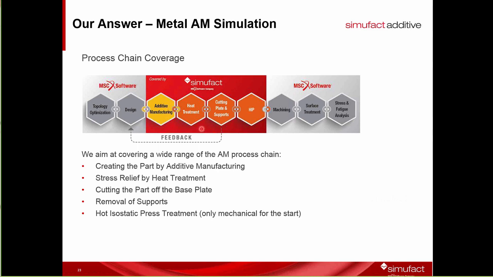And the heat treatment is very important if we want to improve our fatigue characteristics of the metal and improve the fracture toughness of the metal. We can cut off the base plate, we can remove the support structures, we can model a subsequent step where we do a hot isostatic pressing.